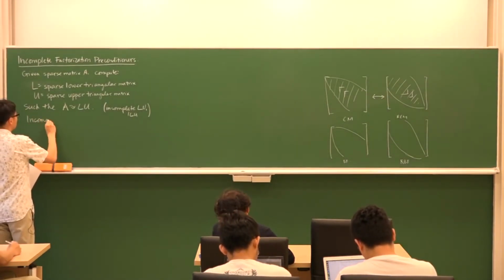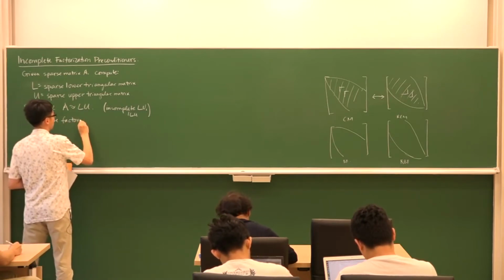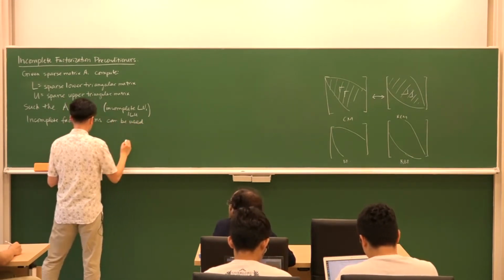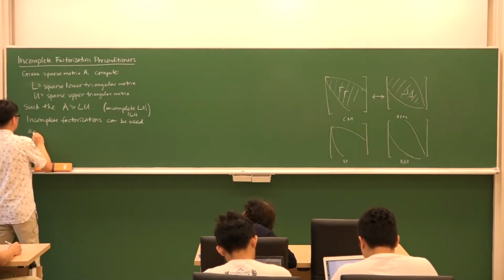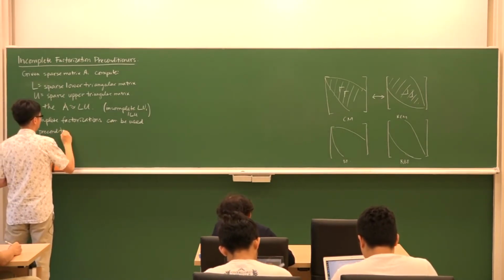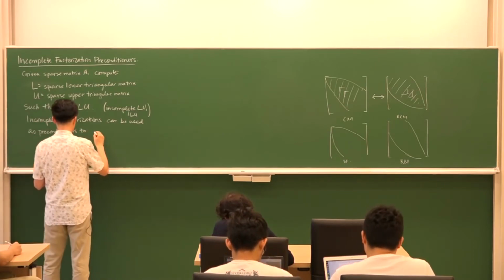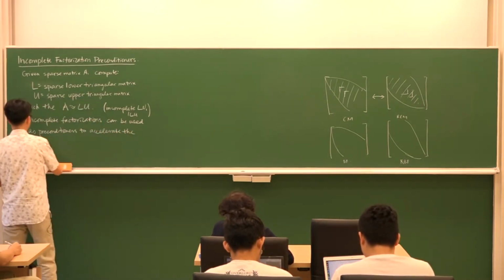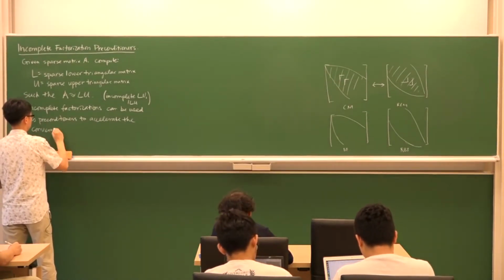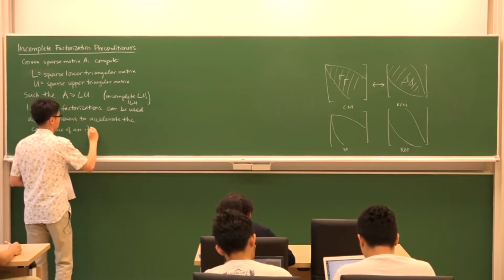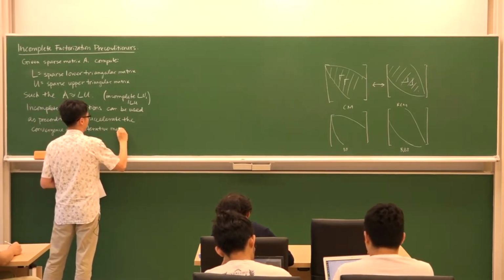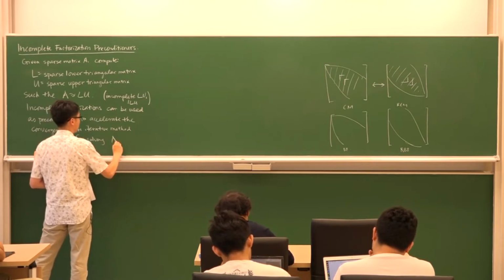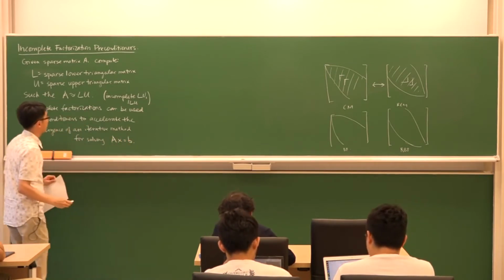Incomplete factorizations can be used as preconditioners to accelerate the convergence of an iterative method for solving a linear system of equations Ax equals b.